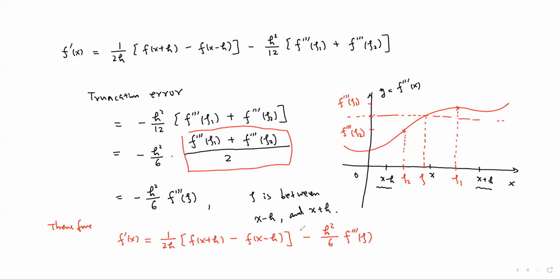Now, I drop the error. Then we have a second formula to compute the derivative. We call the dropped error the truncation error.